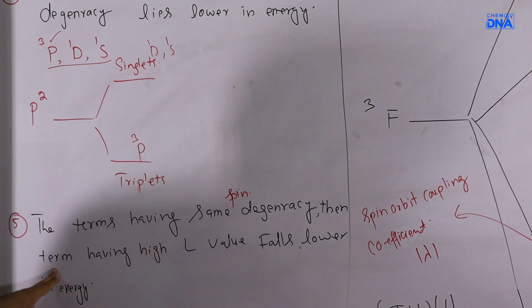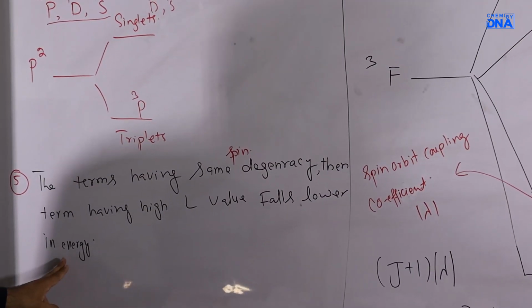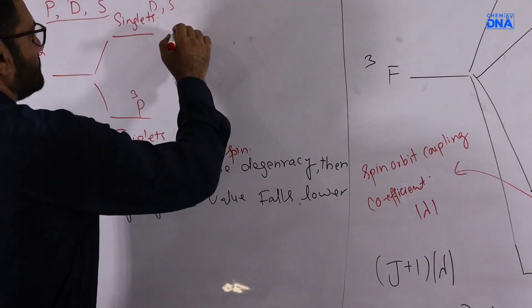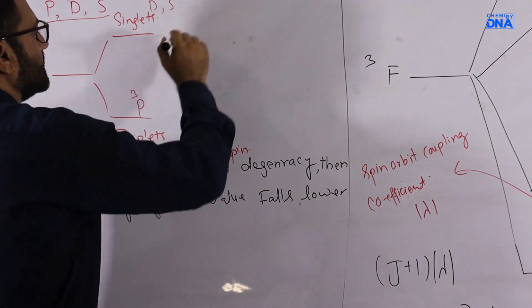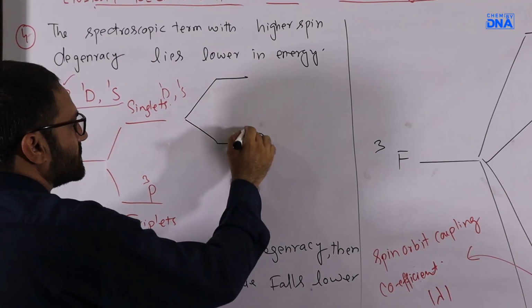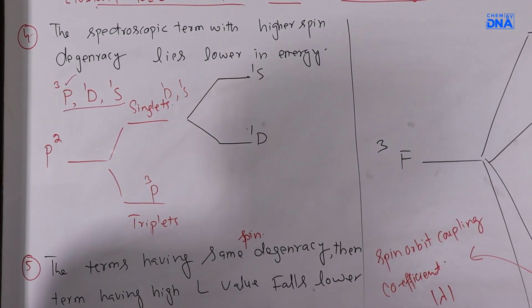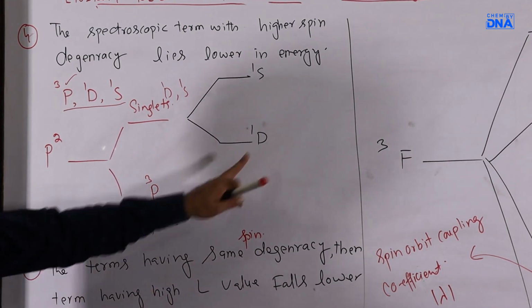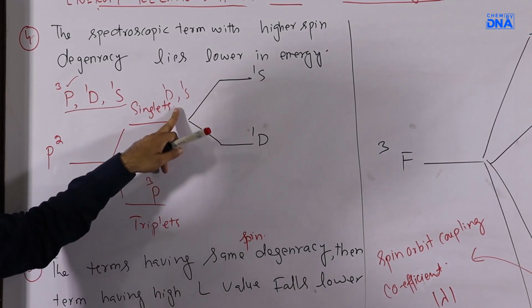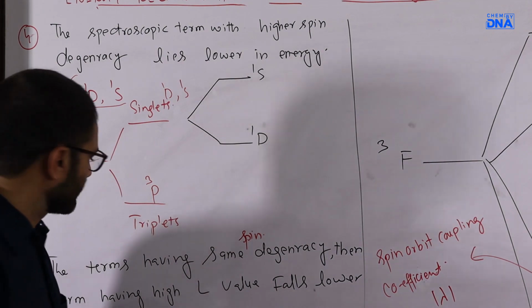Then the term having the high L value will fall lower in energy. In this case, D has a higher L value, so it will be lower in energy, while S singlet will be higher in energy. In this same spin degeneracy system, this will come down.